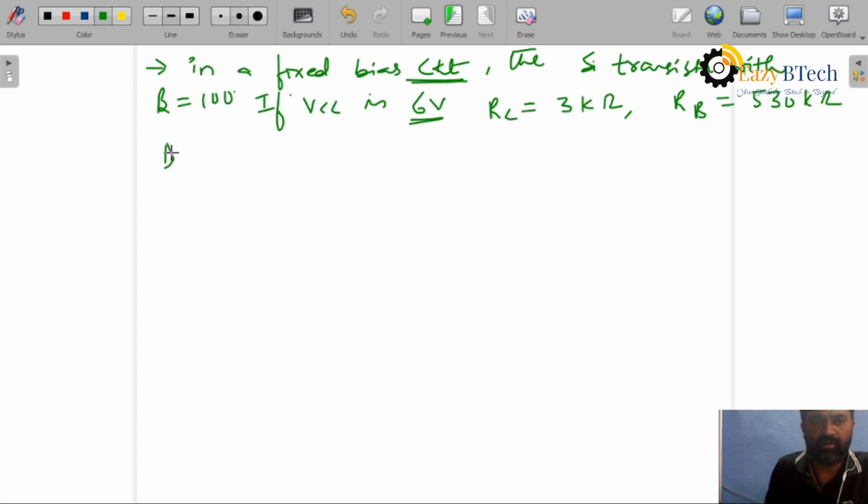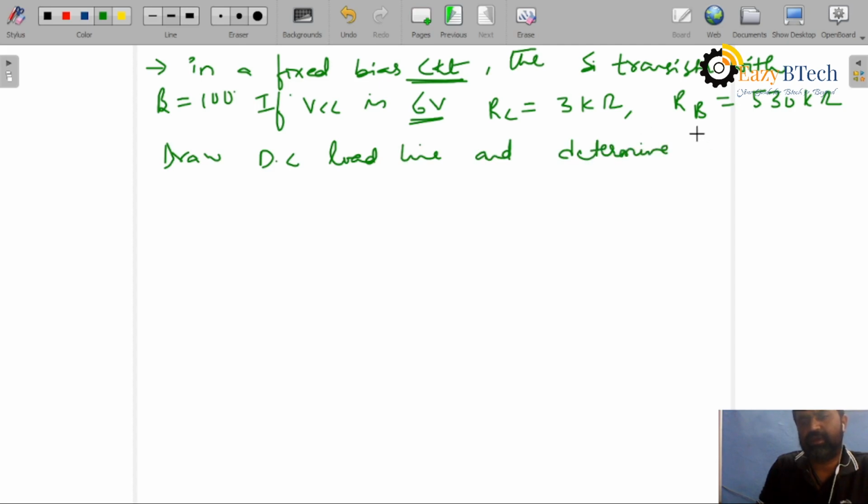Draw the DC load line and determine the operating point, and find the stability factor.